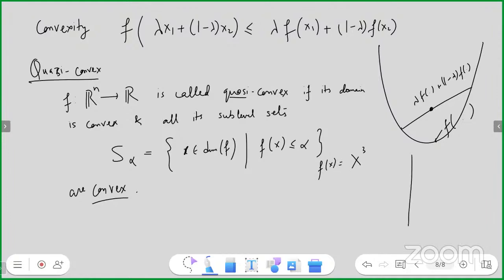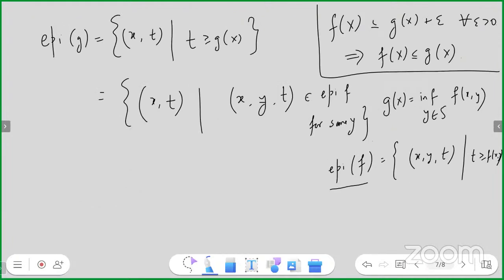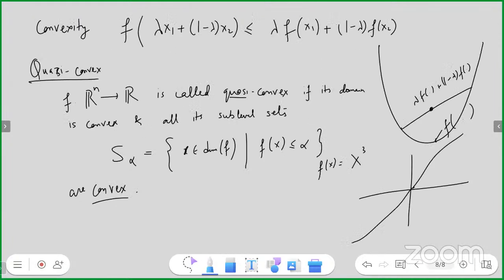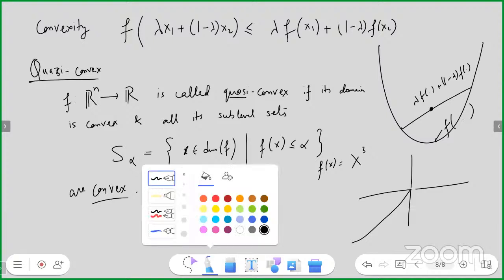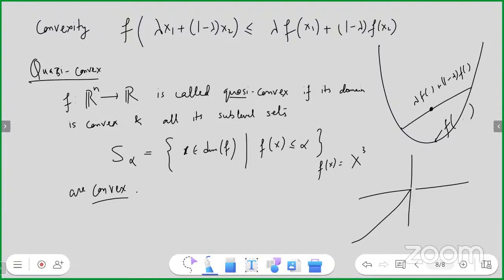What does it look like? It's like this. It should be this way. It's definitely increasing. It can't be this. It's like, yeah, like that. Okay, like that. Let me draw x square.